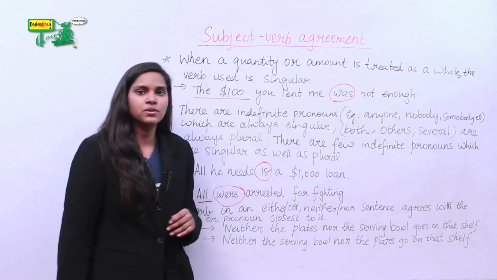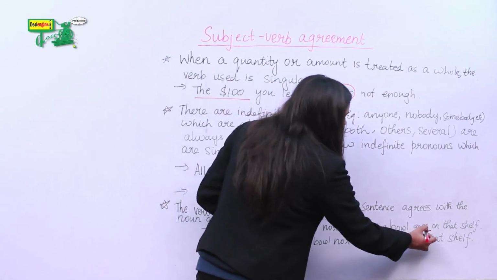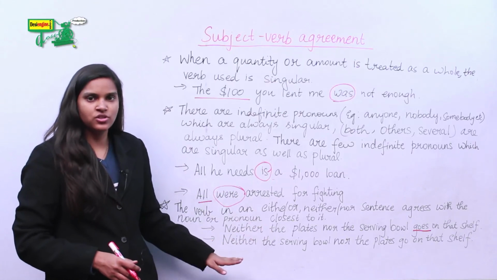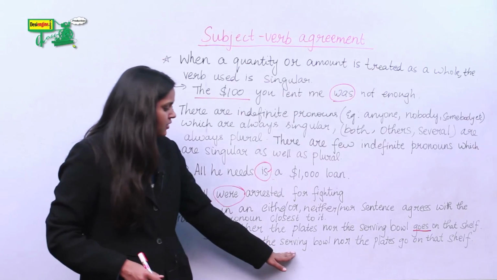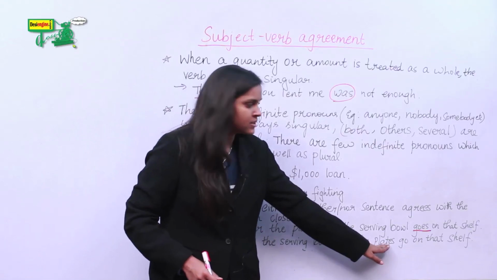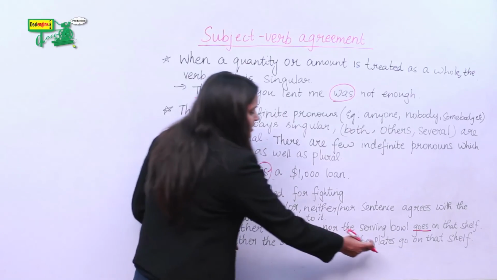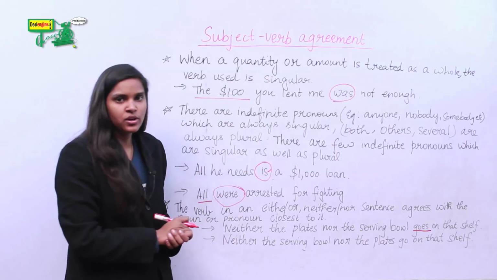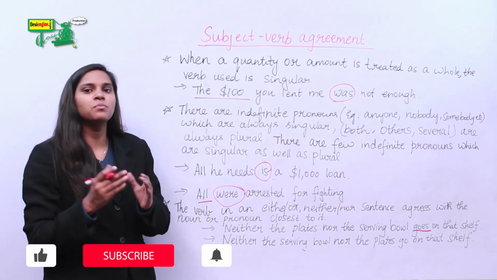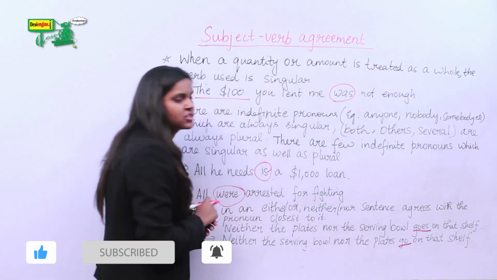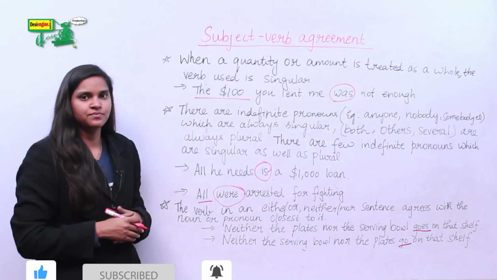Therefore, the verb taken up is in the singular form. If the sentence is changed in this way, neither the serving bowl nor the plates go on that shelf. In that case, plates is the nearest noun. Therefore, the verb takes up plural form. It changes to go from goes.